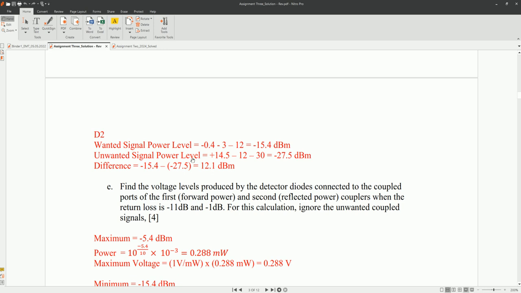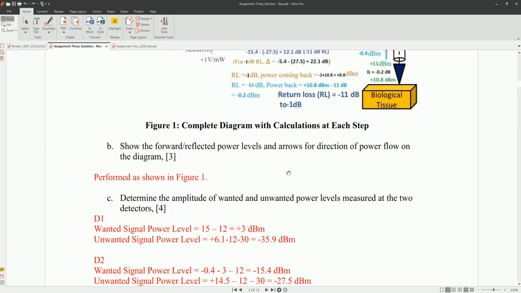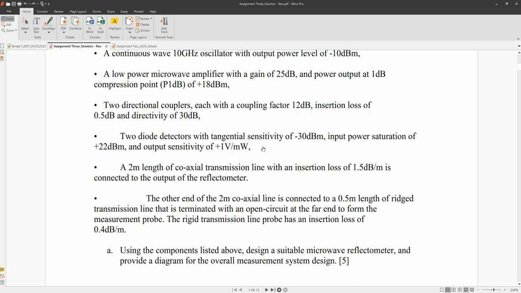Mounted and unmounted signal. Find the voltage of the detector diodes connected to the coupled ports of the two forward to second. The loss is minus 11, minus 1. Not the unmounted. So here we can see the detector value given is 1 volt per milliwatt, which means for every 1 milliwatt of power it will generate 1 volt.